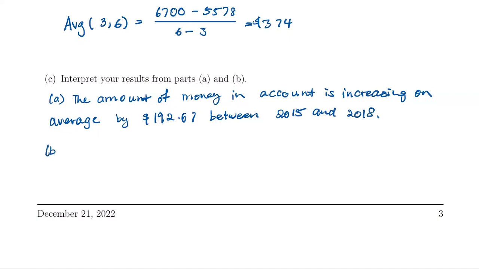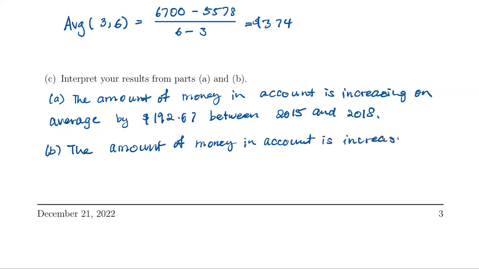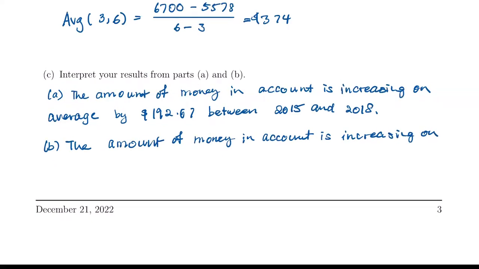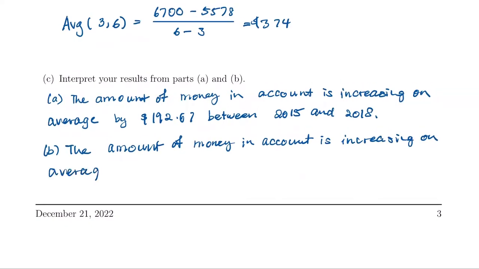And in part B, we would say that the amount in the account is also increasing on average by $374, I should say per year as well, from 2018 to 2021.